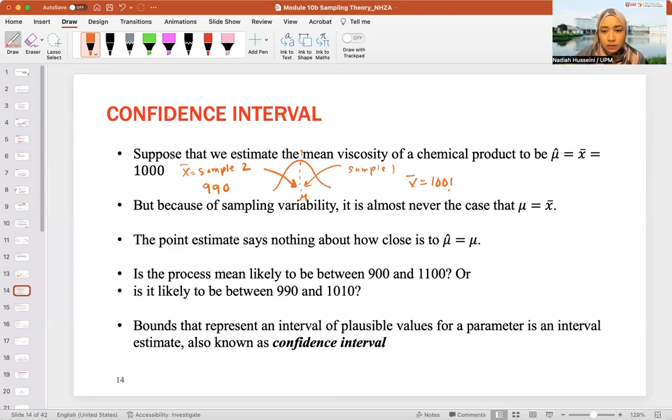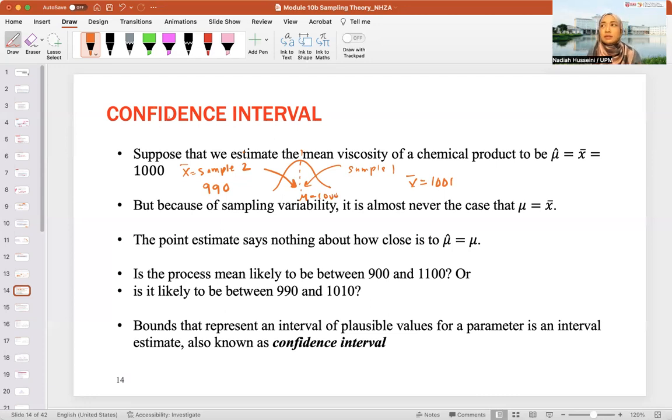Let's say your actual mean is 1000. This one is 1 away from the population mean, whereas this one is 10 away from the mean. So is this within the right interval or not? We have to determine what interval.